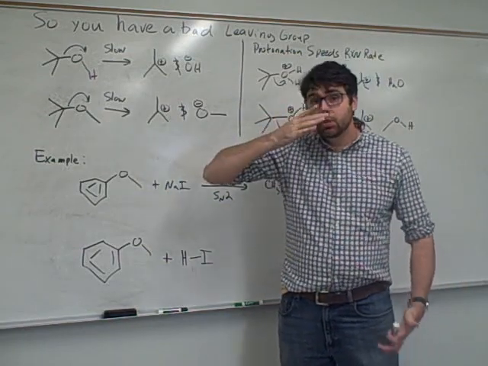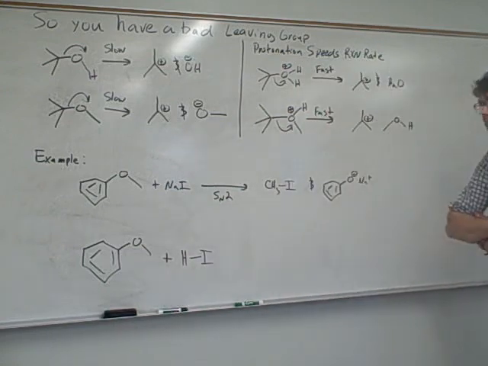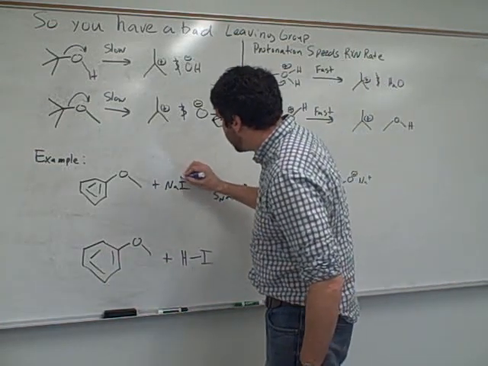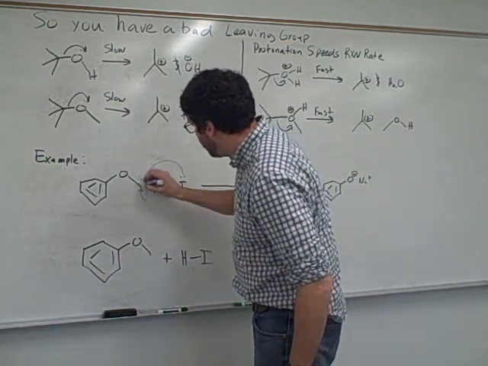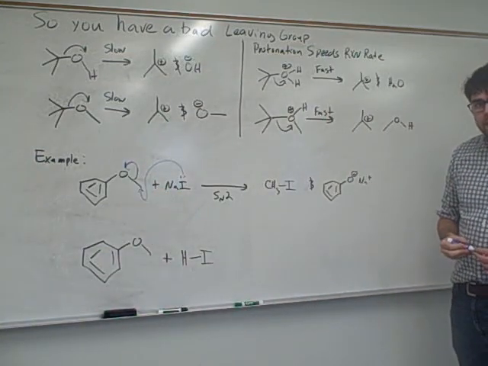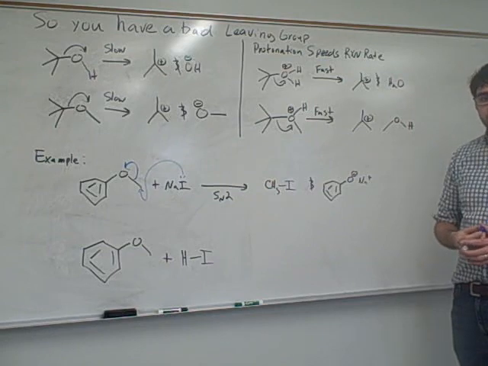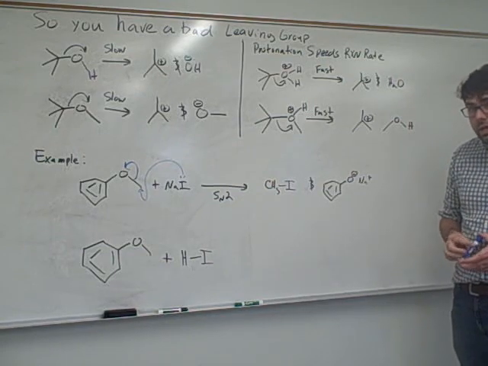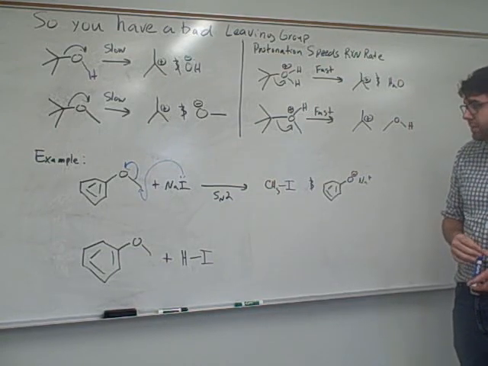Okay, so let's take an example of this. Let's say we wanted to go ahead and run a reaction between methoxybenzene here and sodium iodide. And so this SN2 reaction would be such that we would take the lone pair on iodine, run a backside attack on this sp3 hybridized carbon. Remember, in order to have SN2 be effective, this has to be an sp3 hybridized carbon bound to a leaving group.